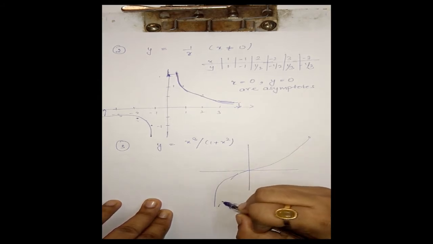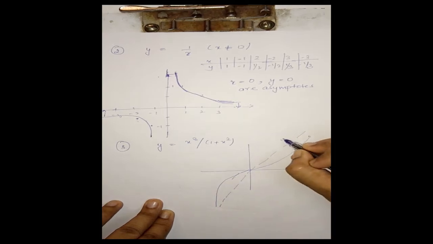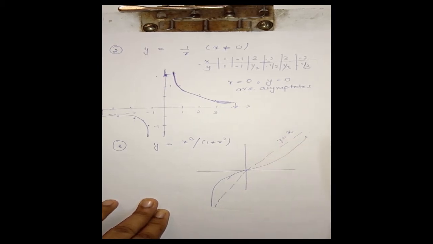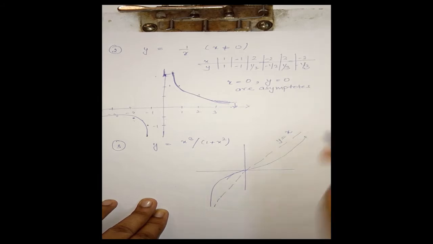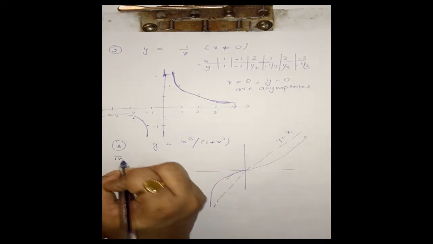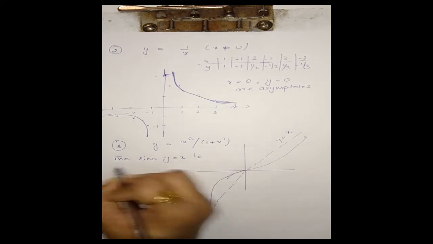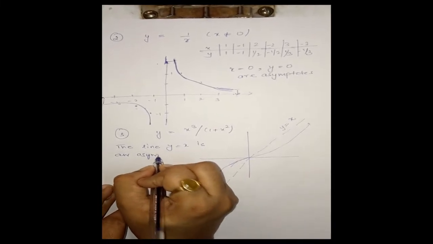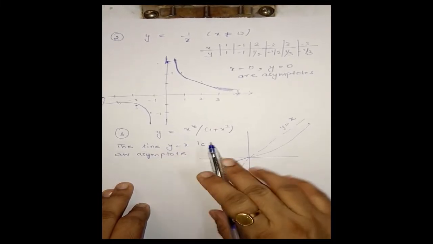In this case, the line y is equal to x will be an asymptote, by definition.